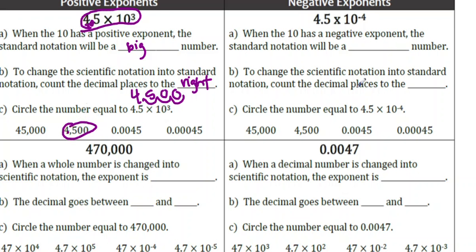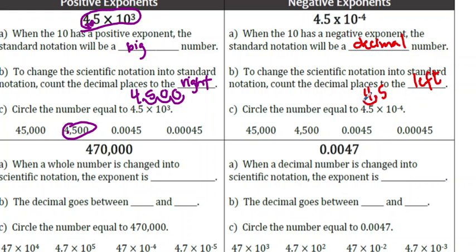All right, let's look at the negative exponents. Okay, when you have a negative exponent, the standard notation will be a decimal number or a small number. Okay, to change the scientific notation to standard, you're going to count the decimal places to the left of the decimal. All right, so again, we have 4.5 is the number up front, but this time I'm going to the negative 4th power. So again, I'm going to move my decimal point 4 spaces to the left.